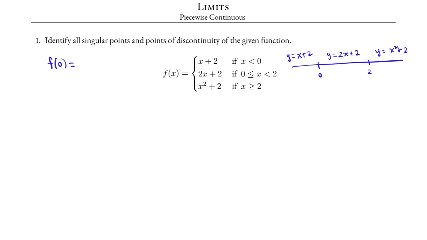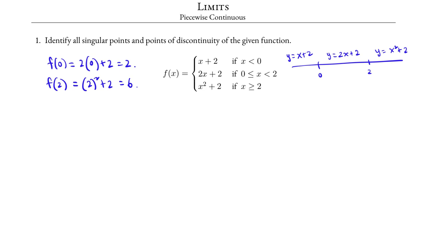And so we would use the formula 2x plus 2 to evaluate f of 0. 2 times 0 plus 2, which is 2. Another breakpoint is x equal 2. With x equal 2, the formula that is defined at x equal 2 is x squared plus 2. And so we have 2 squared plus 2, which is 4 plus 2, or 6. f of 0 equals 2 and f of 2 equals 6.